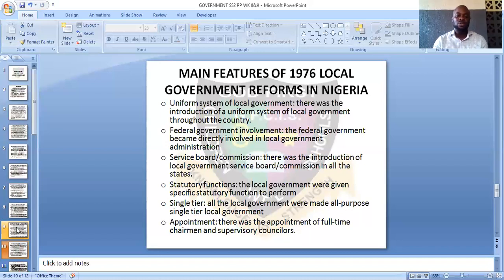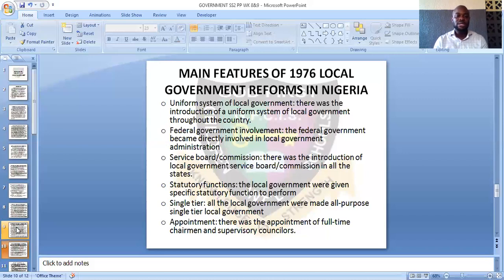In the history I was saying that some states, like Port Harcourt, Enugu, and others, were having two tiers or three tiers of local government. In those states, they have House of Chiefs, House of Obas, and the like. But it was later put together to be one purpose, single local government.